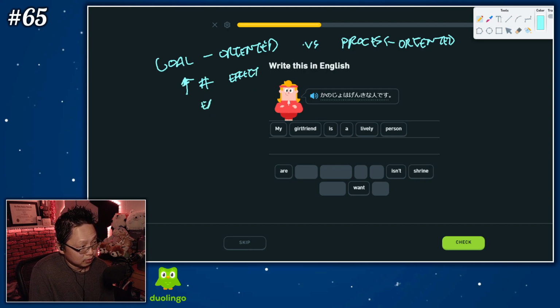It's easier to make. When I say easier to make, I mean more efficient to make. So the number itself is higher, and the incentives for making these are higher. So generally, goal-oriented content outnumbers process-oriented content at least 10 to 1.